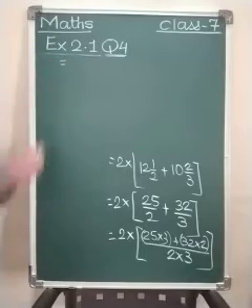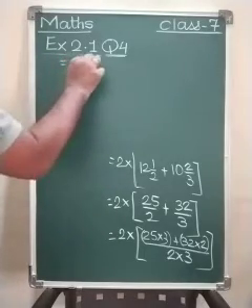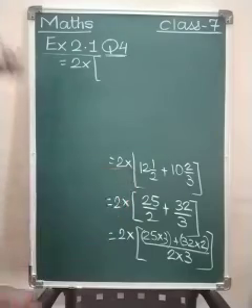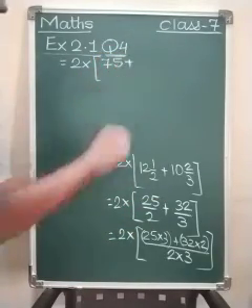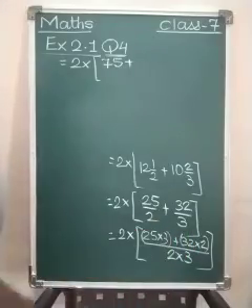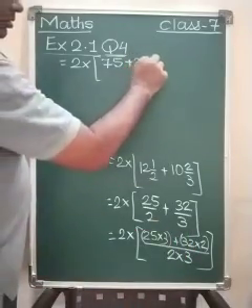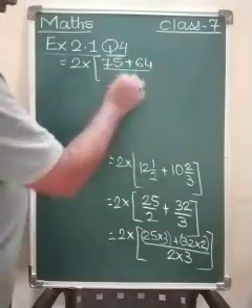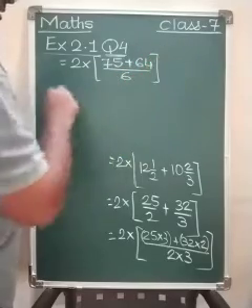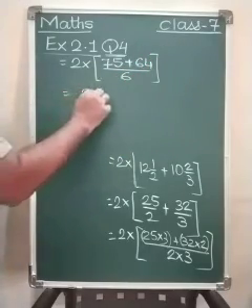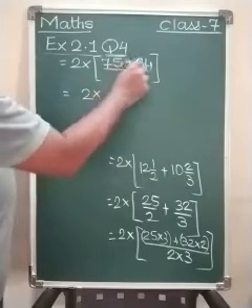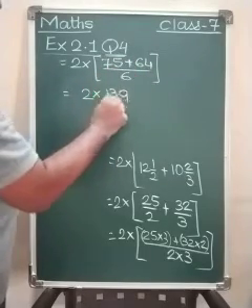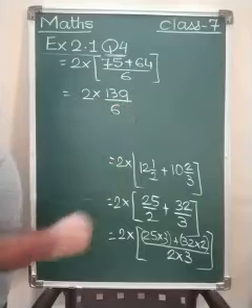So this equals to 2 multiplied by 25 3s are 75 plus 32 2s are 64 upon 2 3s are 6. So this equals to 2 multiplied by 75 plus 64, 139 upon 6.